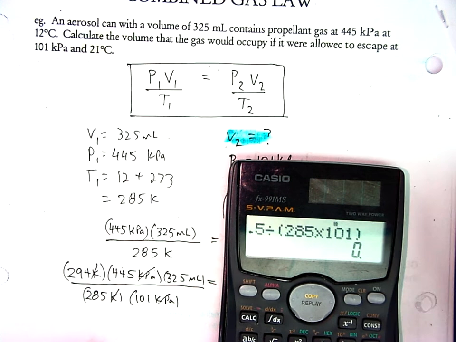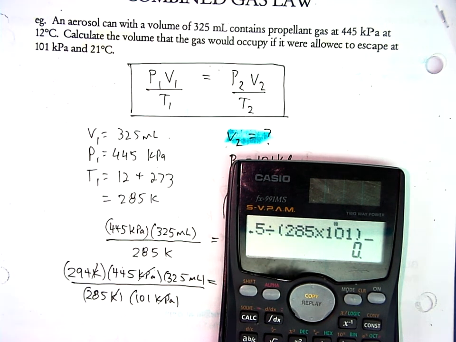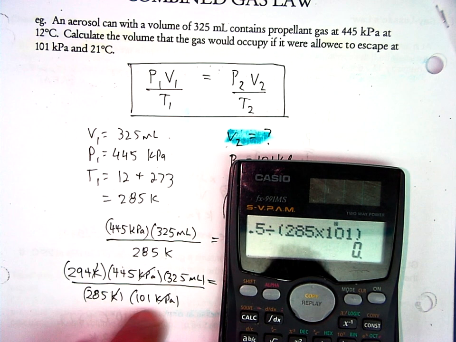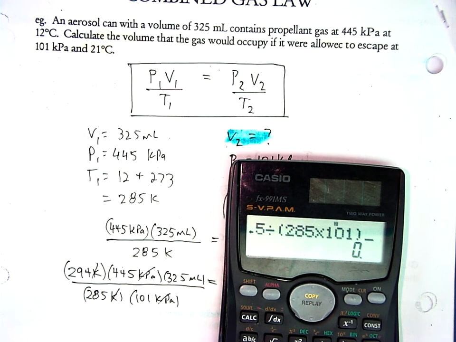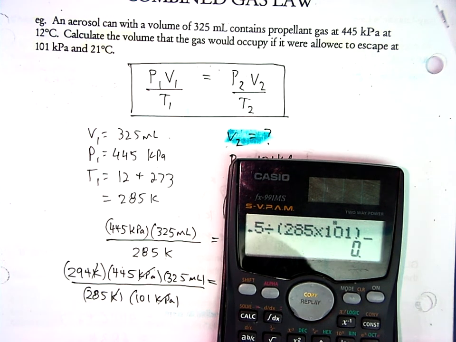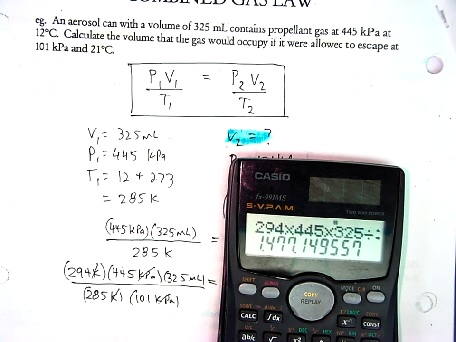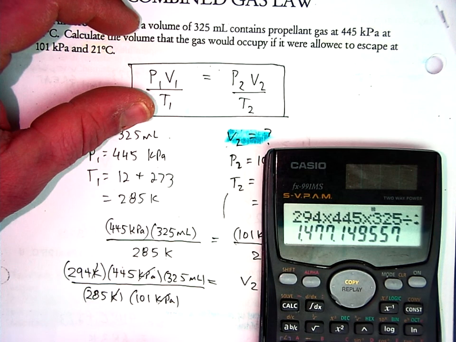Otherwise, you're going to mess with the math. It's not going to follow, because the calculator doesn't know that the whole denominator has to be used as the divisor, okay? So that's going to allow it to happen. Gives me an answer.